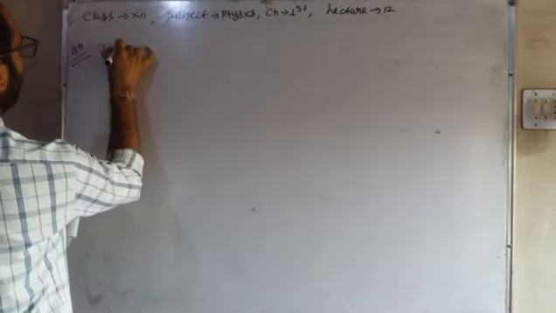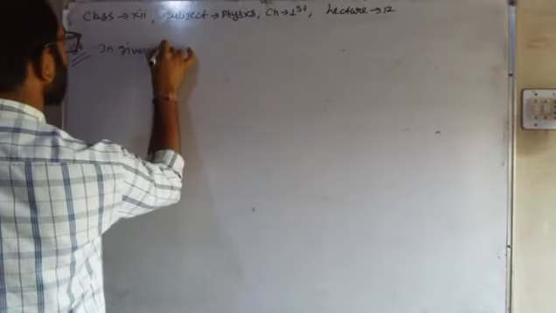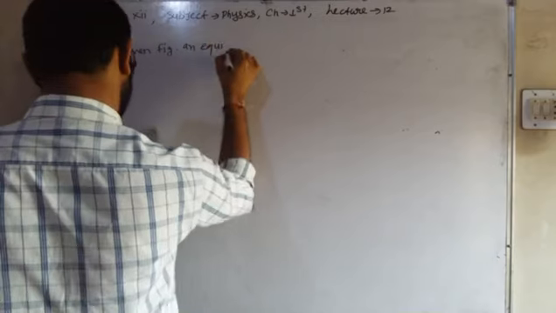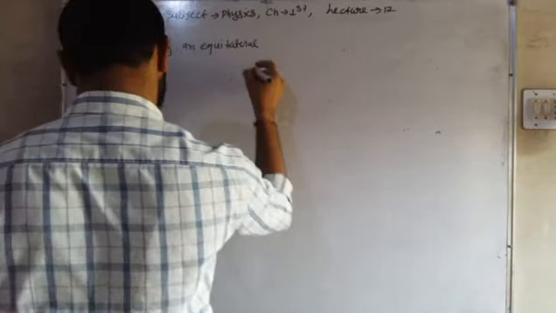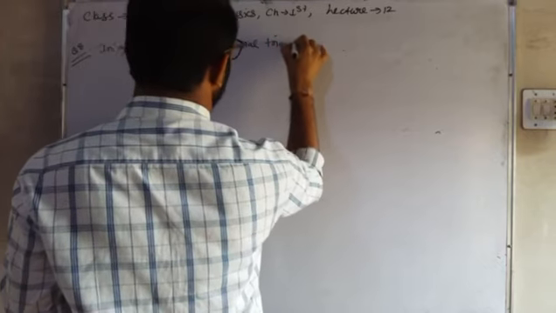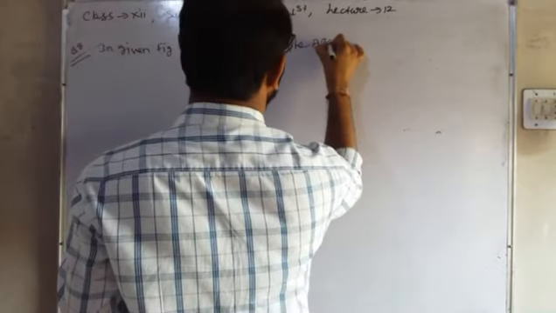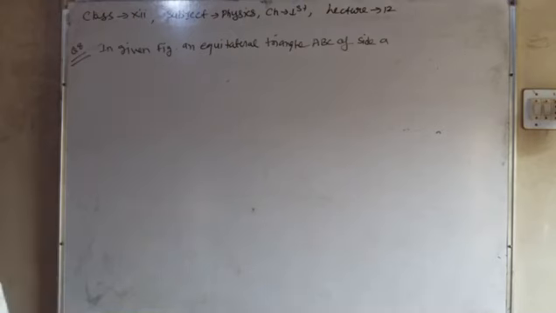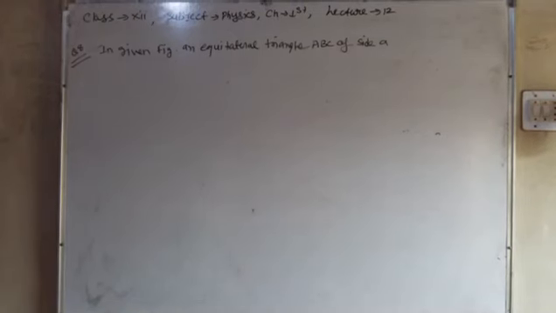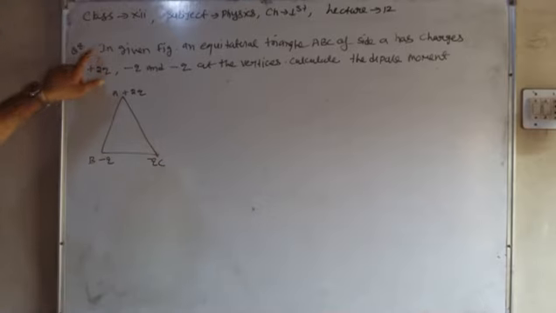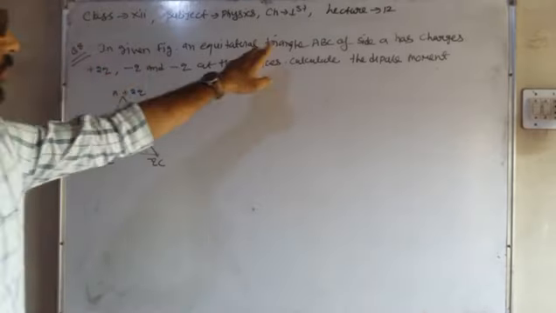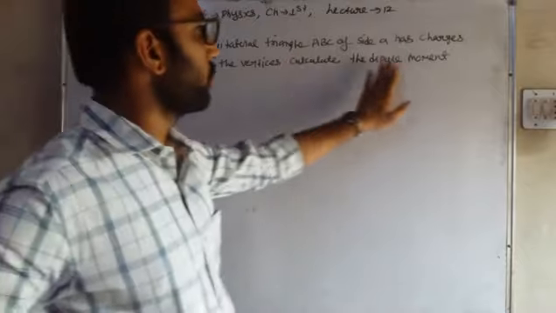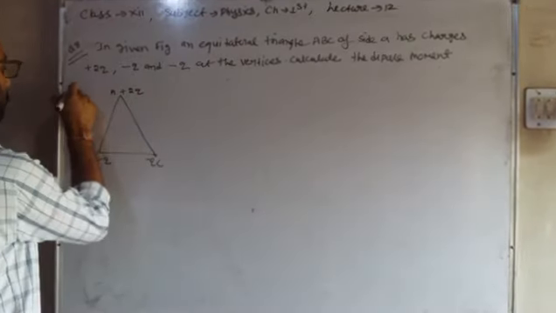In the given figure, an equilateral triangle ABC of side a has charges plus q, plus q and minus 2q at the vertices. Calculate the dipole moment. So okay, given the solution.